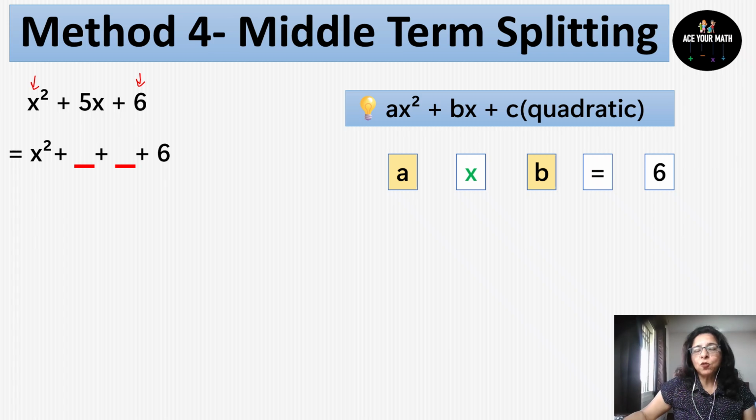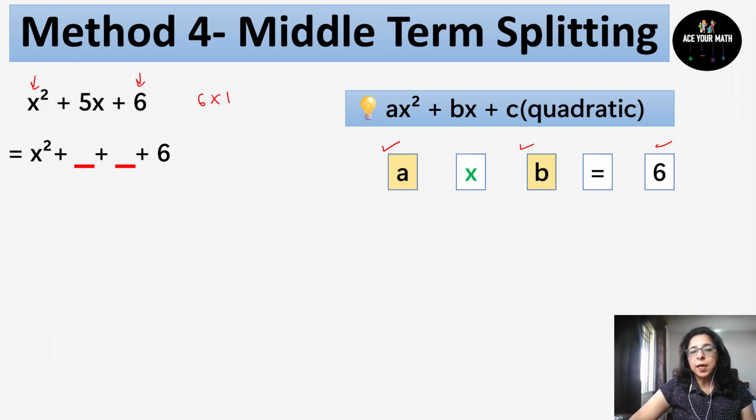See, x square has coefficient 1. So it means 6 multiplied by 1, which gives you 6 only.